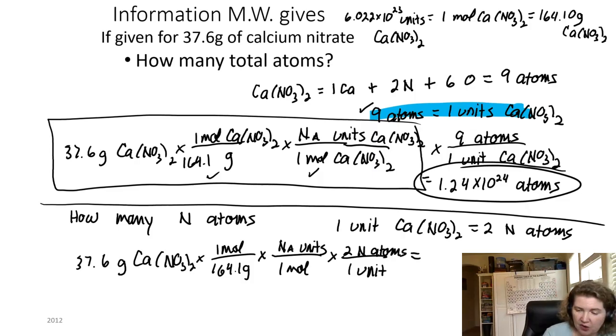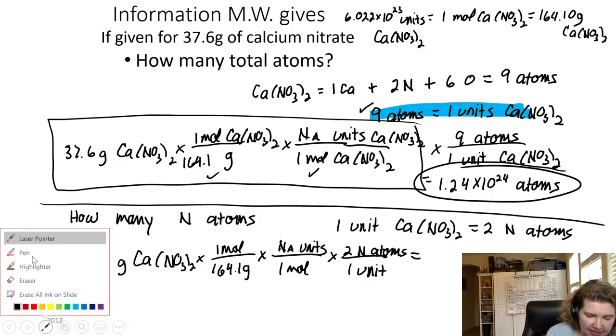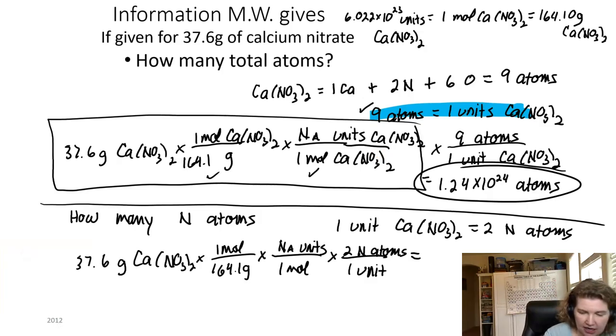So I'm going to go back into my stack and grab that number that I had with what I've boxed up here. If I get that far, that's the 1.38 times 10 to the 23rd, and I'm just going to double it. And I'm going to get 2.76 times 10 to the 23rd nitrogen atoms.